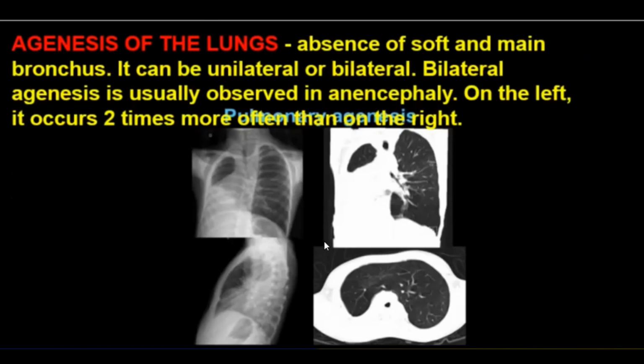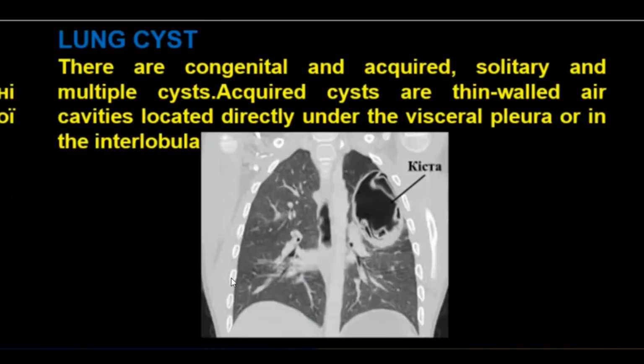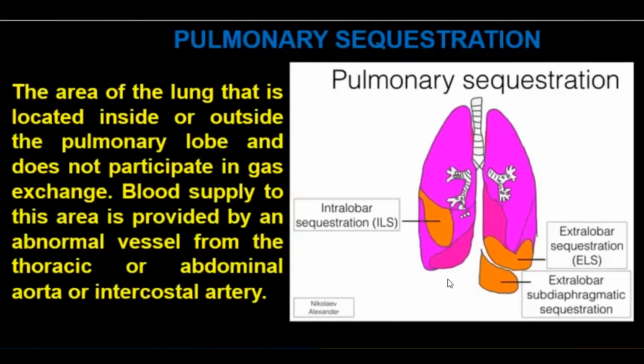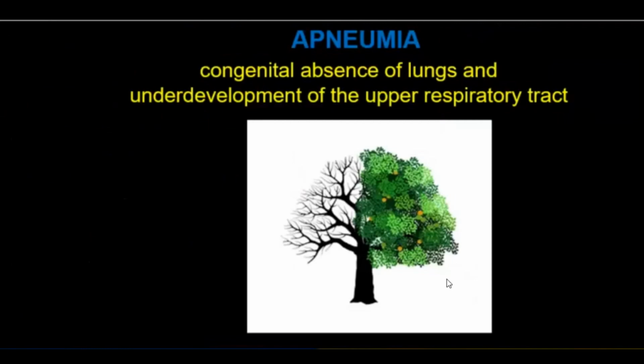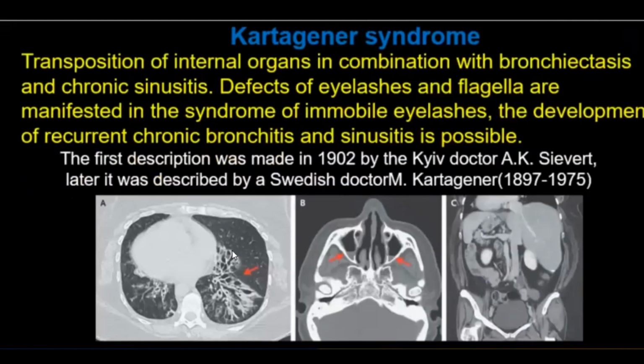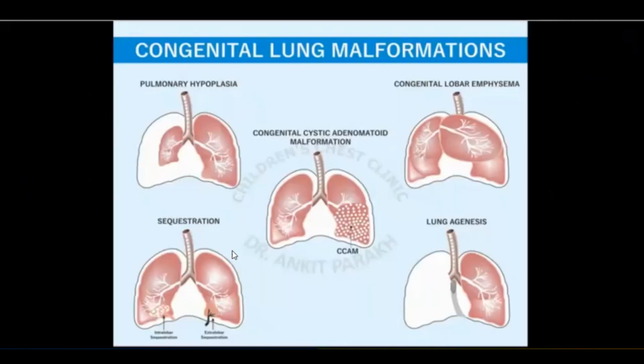It's agenesis of the lungs, hypoplasia, lung cysts, and pulmonary sequestration, apnea, absence of one lung in one part of the chest, for example, and mirror lung syndrome, Kartagener syndrome, and others.